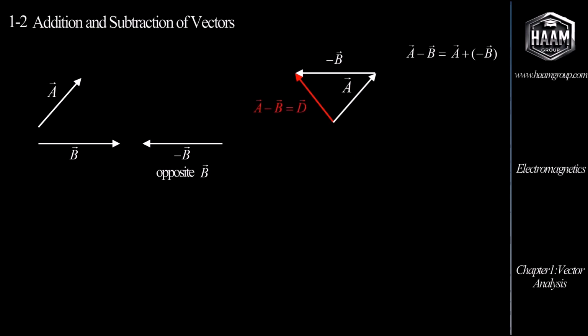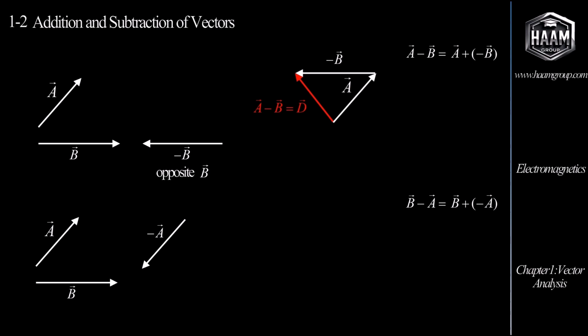Now, suppose we want to find B minus A. Similarly, we can write B minus A equals B plus negative A. First, construct the opposite of vector A by reversing its direction by 180 degrees.